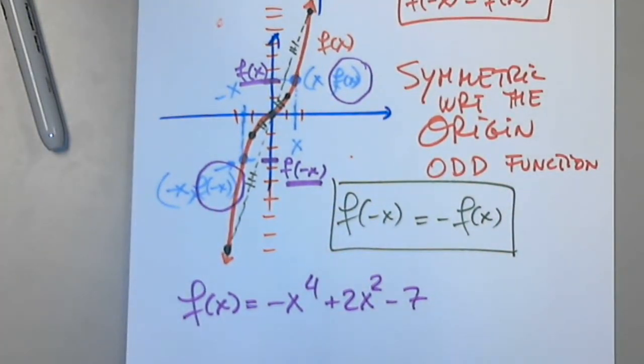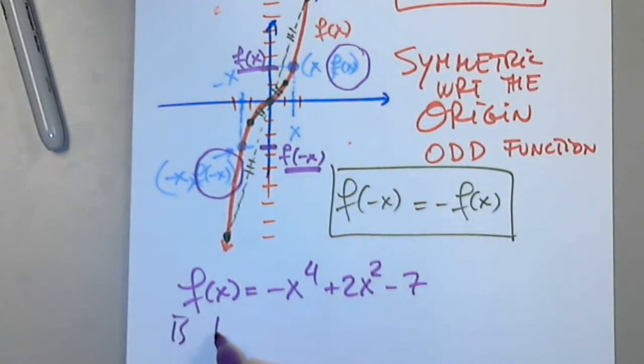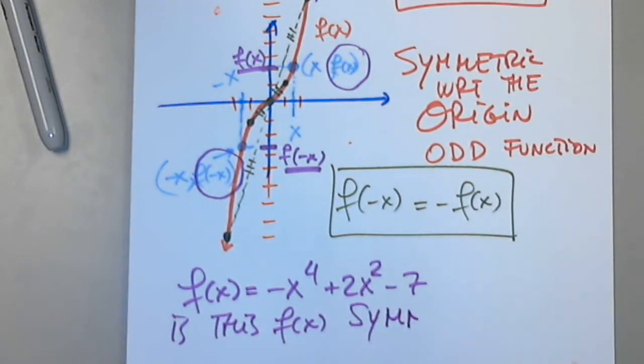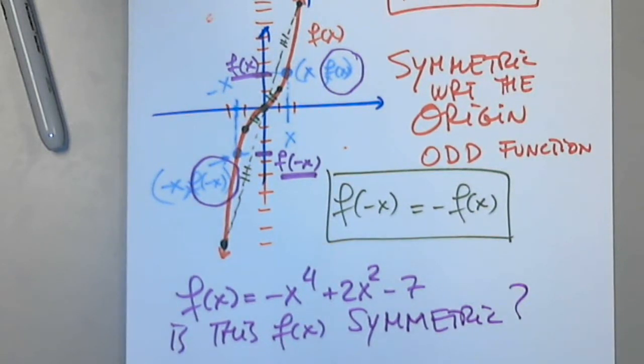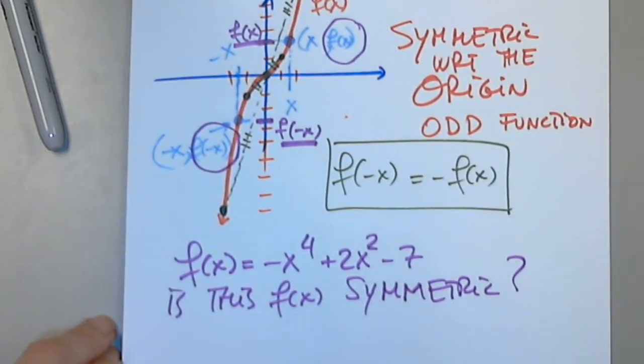The question for this problem is, is this f of x symmetric? I have no idea, but I definitely have to start somewhere. Where would be my starting point? I'm trying to see whether it's even or odd.